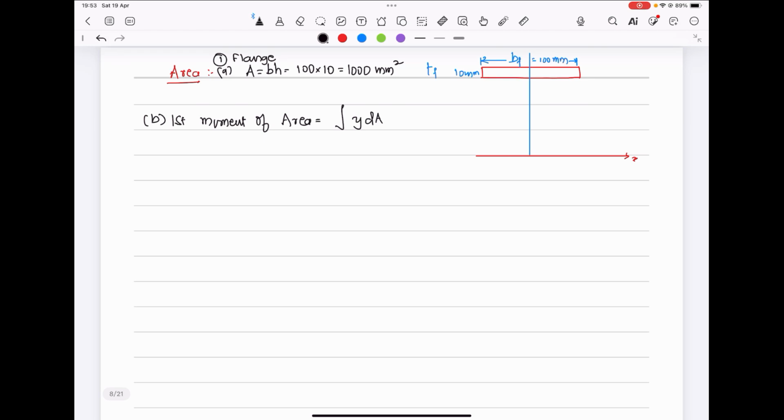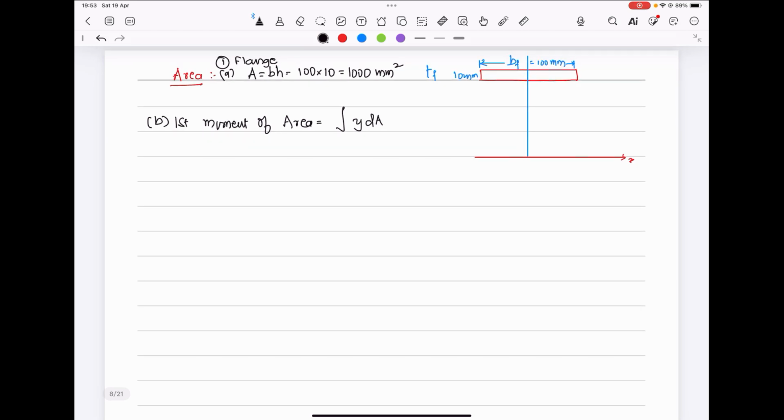For flange, we are only considering flange now, we have not considered web. What is this height? From x-axis, it is 100 mm. It is given in the problem.